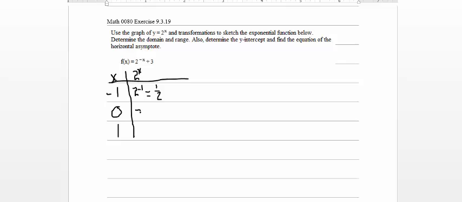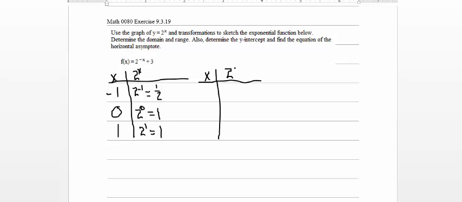When x is 0, y is 2 to the 0, which is 1. And when x is 1, y is 2 to the 1, which is 2. So this gives me 3 points that I would have on the graph if I was graphing y equals 2 to the x.